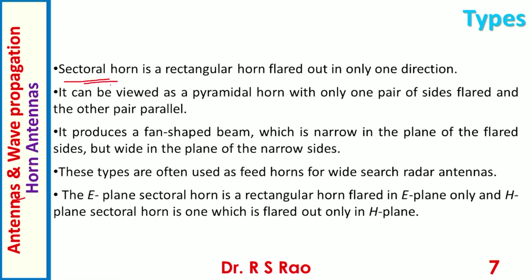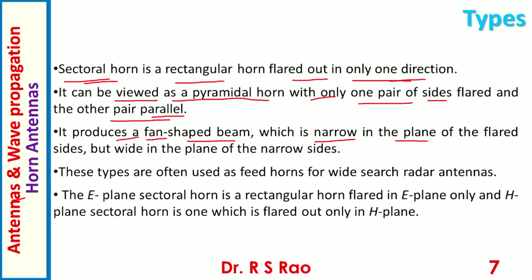Now the sectoral horn. It is a rectangular horn flared out only in one direction. It can be viewed as a pyramidal horn with only one pair of sides flared and the other pair parallel. It produces a fan-shaped beam which is narrow in the plane of the flared sides but wide in the plane of the narrow sides.